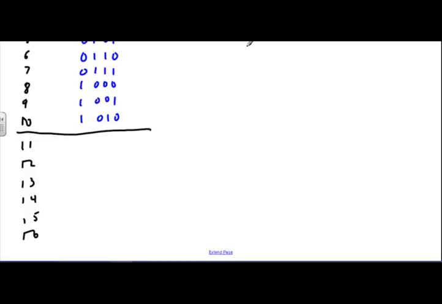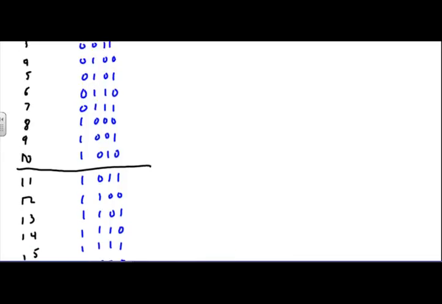So I'll draw a line there so we know where we are. 11 would be 8, 2 and 1. 8 and 4 for 12. 8, 4 and 1 for 13. 8, 4 and 2 for 14. 8, 4, 2, 1 for 15. For 16, no 8s, no 4s, no 2s, no 1s.